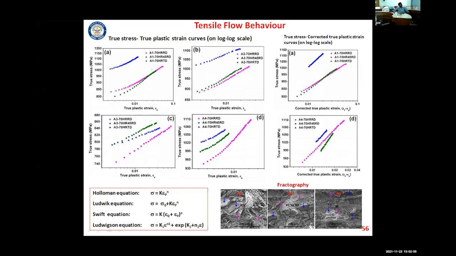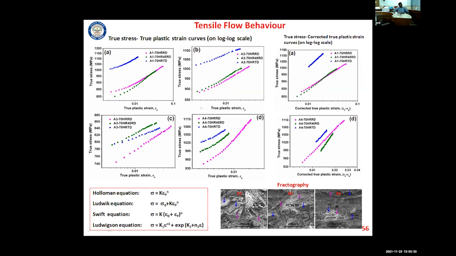These points I got from the engineering stress strain curve, where it is converted into true stress and true strain: true stress is engineering stress times 1 plus e, where e is the engineering strain, and true plastic strain is ln(1 + e). These points lie between the yield strength and the UTS regions, and the curves are fitted with strain hardening equations, like the Hollomon equation, Ludwik, Swift and Ludwigson equations, in order to obtain the n value, the strain hardening exponent.